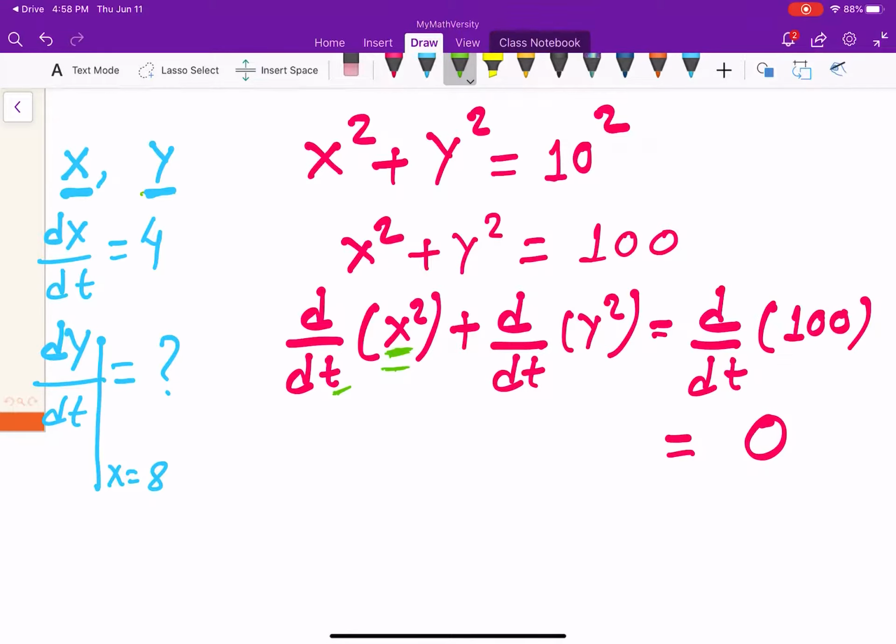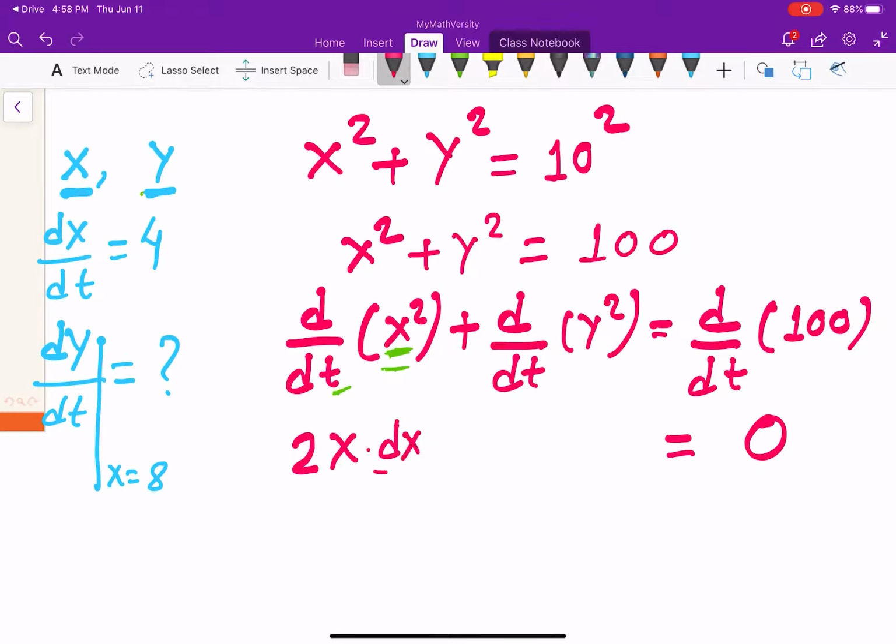So if that is the case, how do we find the derivative? By using the generalized power rule, because we have a function raised to a power. How do you use that? Bring the power down, 2 is down, x is a function of t so write that down, subtract the power by 1, so 2 minus 1 is 1, so we don't have to write it, but times the derivative of x with respect to t.